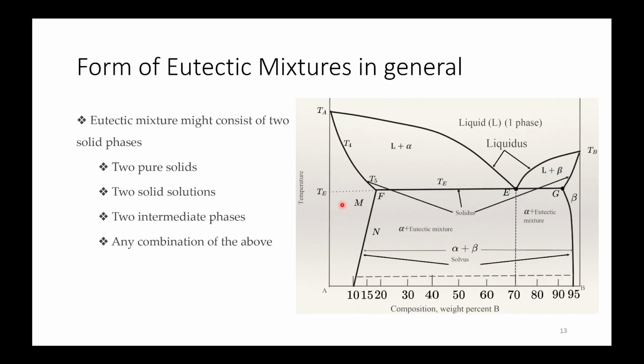Your solid solution is forming at both sides, alpha and beta, and these two will form a eutectic mixture. They can also involve an intermediate phase. If you consider the eutectoid phase, then as Fe3C is an intermediate phase, that can also be there, or a combination of intermediate phase and solid solution can also exist.